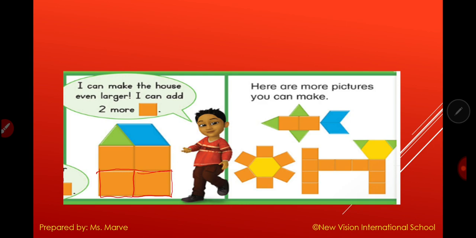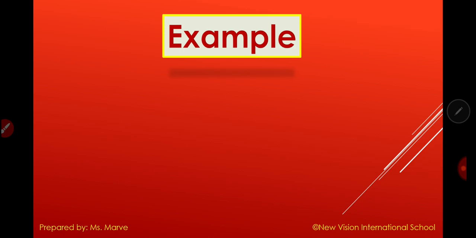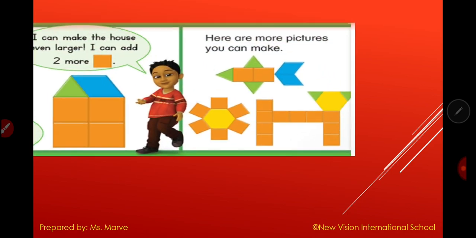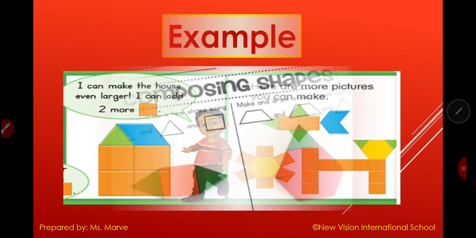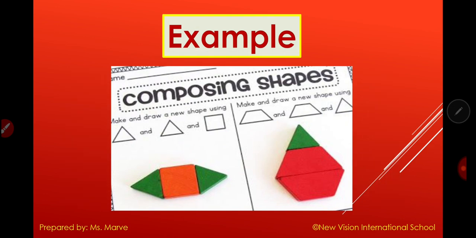So in this lesson, we will be learning how to form or make a new shape by using different smaller shapes. Just like this one. Here we can see that this shape is the result of two triangles and one square. The same with this shape.